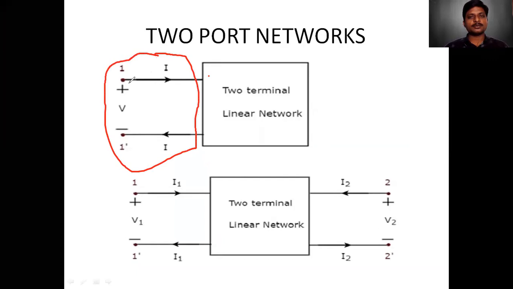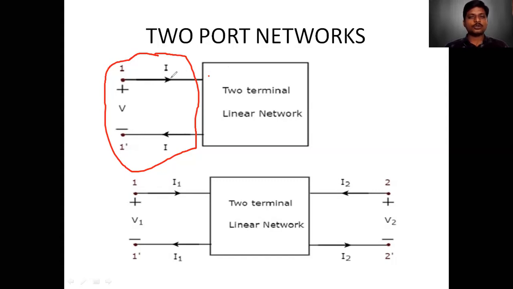Here you can see two terminals where current is entering at port 1 and leaving at port 1 dash. You call it a port. A pair of terminals is known as a port, in the sense of one positive terminal and one negative terminal.